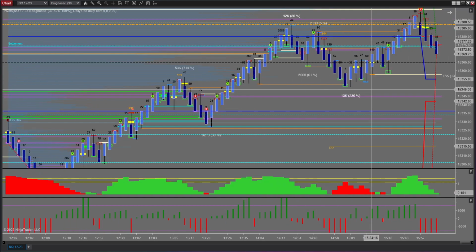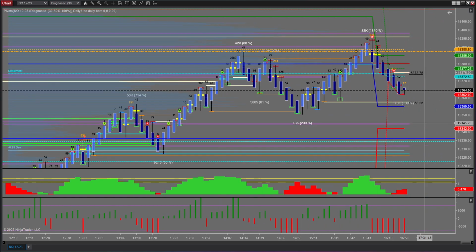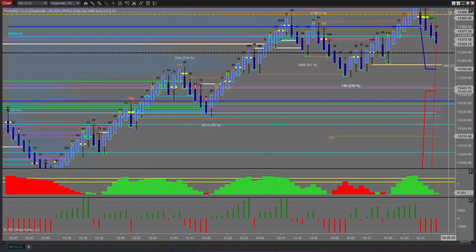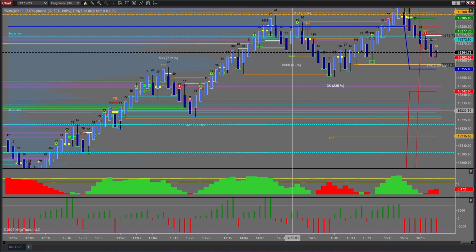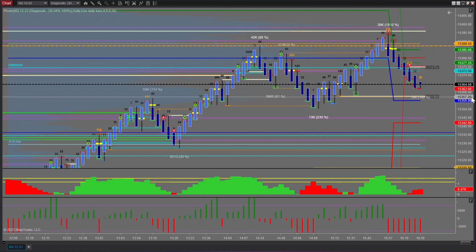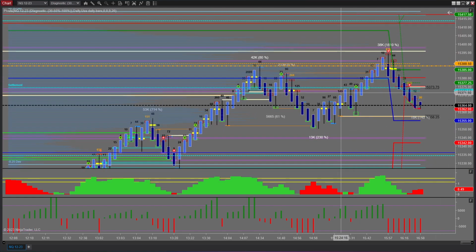Overall, it was a good day for a small range. But I mean, that's all because of the power of these diagnostic charts and everything they tell you. It takes a lot to learn them, but they're definitely worth it. I feel like I've been trading blind up until I got these. After learning this, these are just awesome.